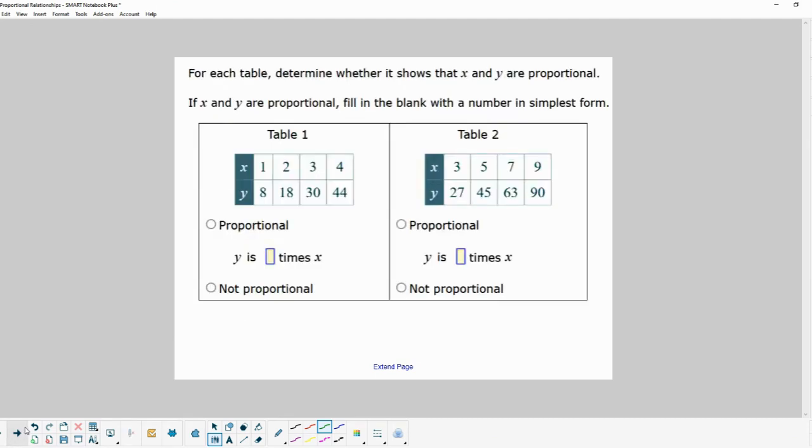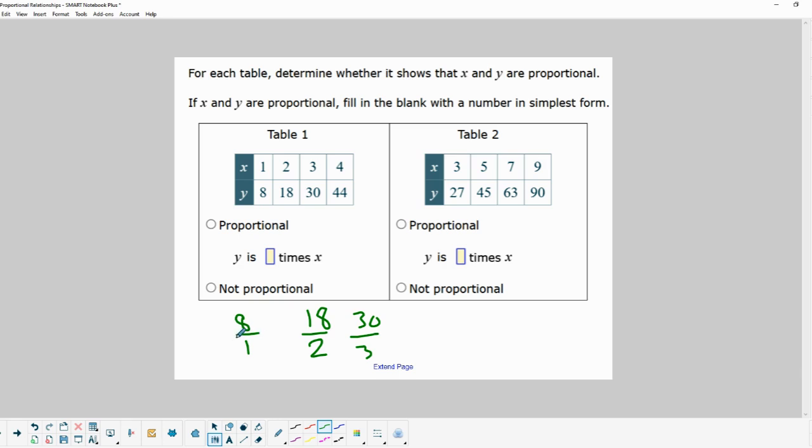All right, so let's take a look at this one. In this case, x is on top and the y is on the bottom. So if I come down here to the bottom where I got a little extra room, I'm going to put 8 over 1, and 18 over 2, 30 over 3.